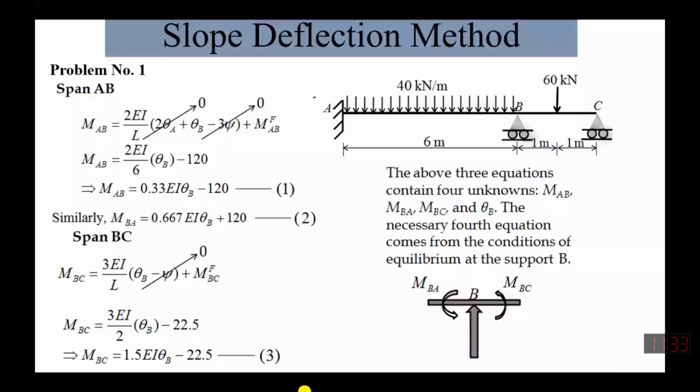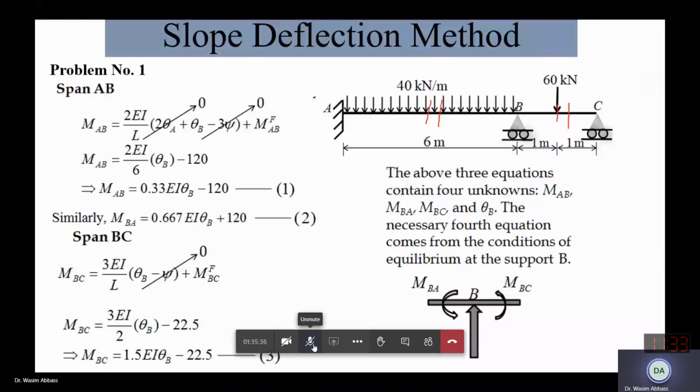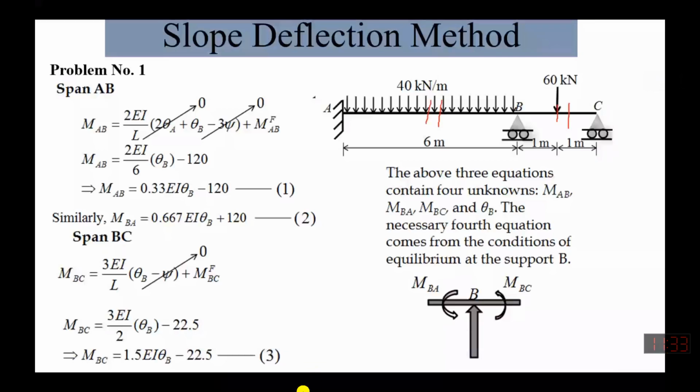What was your roll number, the one who told us slope deflection equation? 67. What is your name, beta? Now if we see that there are two spans, this is span AB, and we will write the equation for span AB and the equation for span BC.